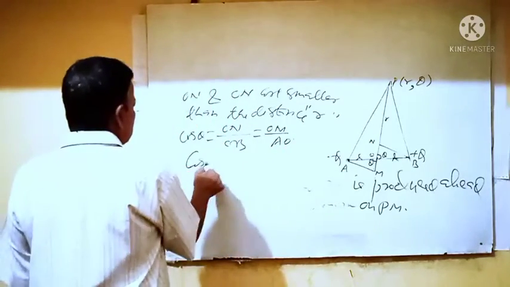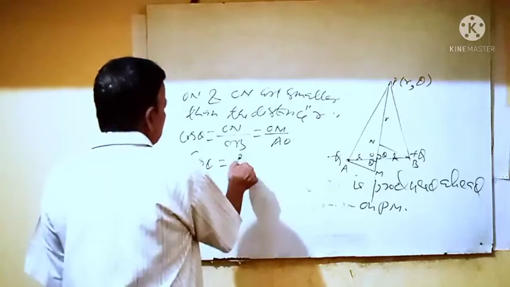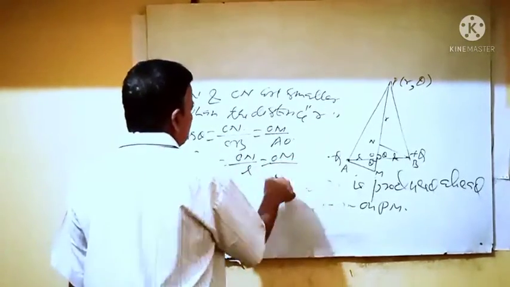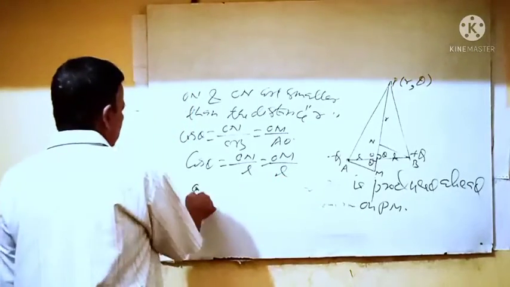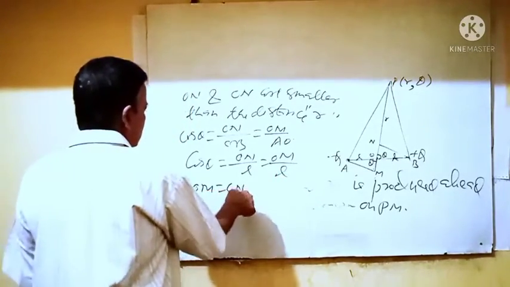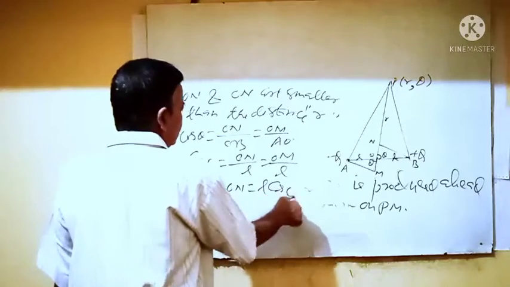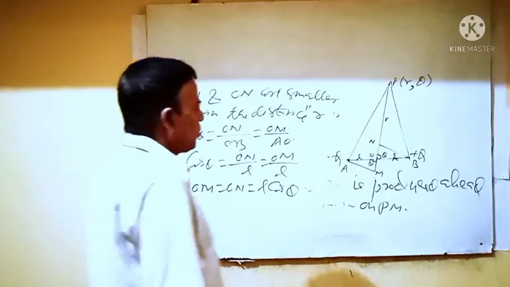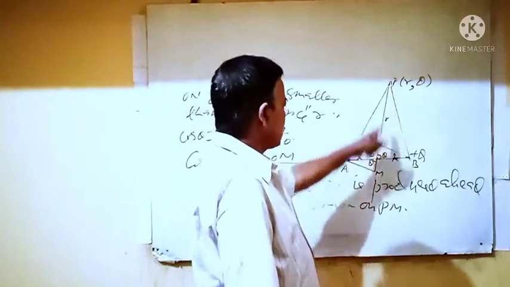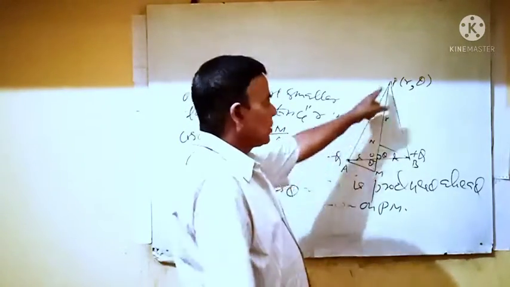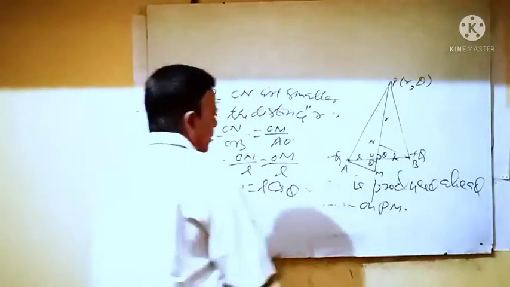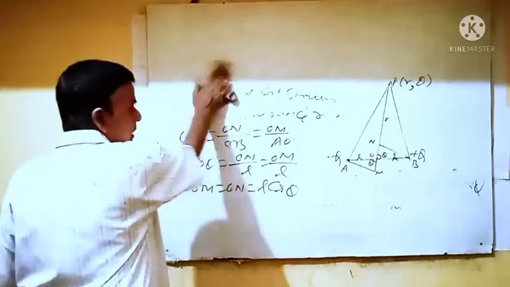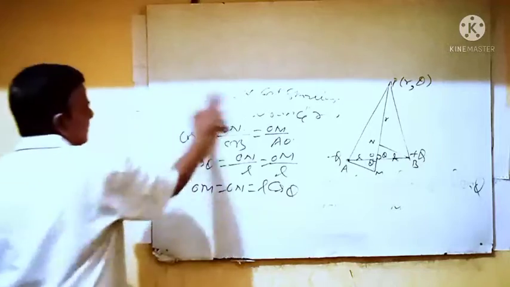That is, cos theta is equal to ON divided by l, which is equal to OM divided by l. So OM is equal to ON, which is equal to l cos theta. OM is added to r, so we will get PM, which is approximately equal to AP.